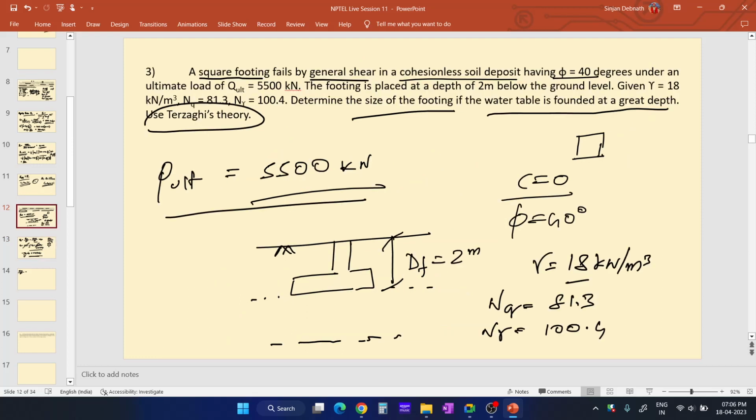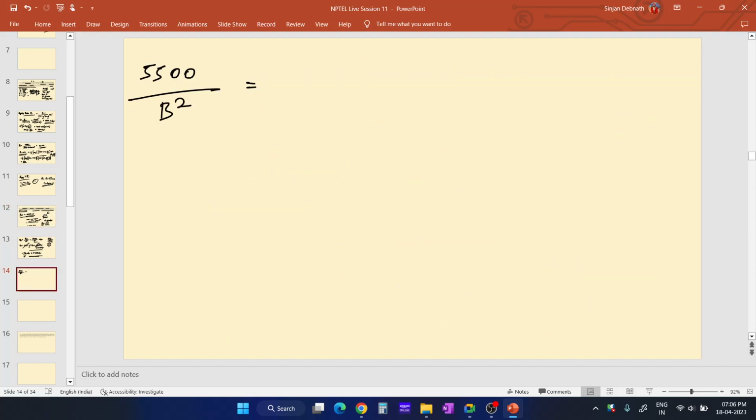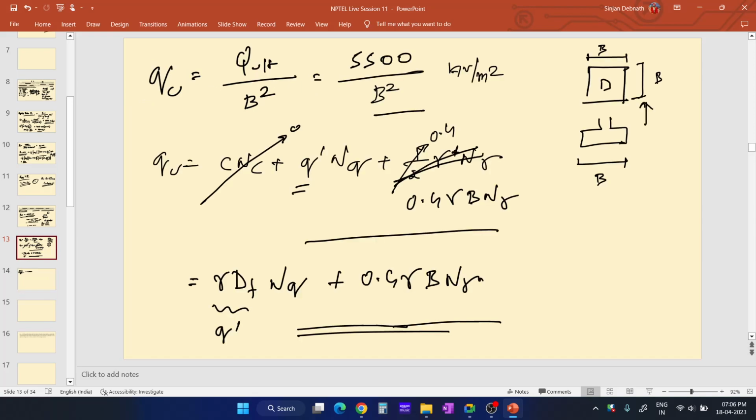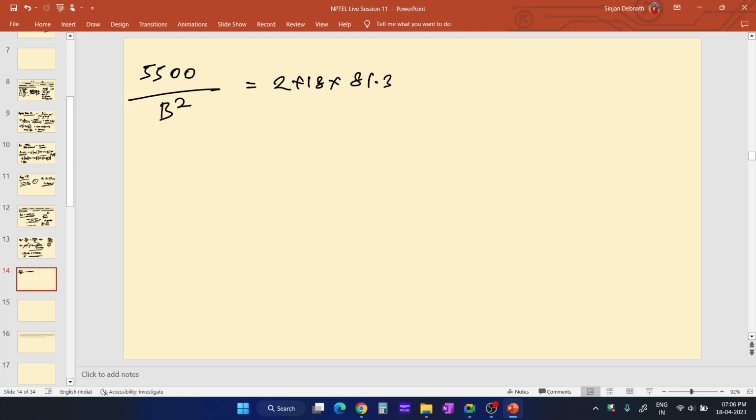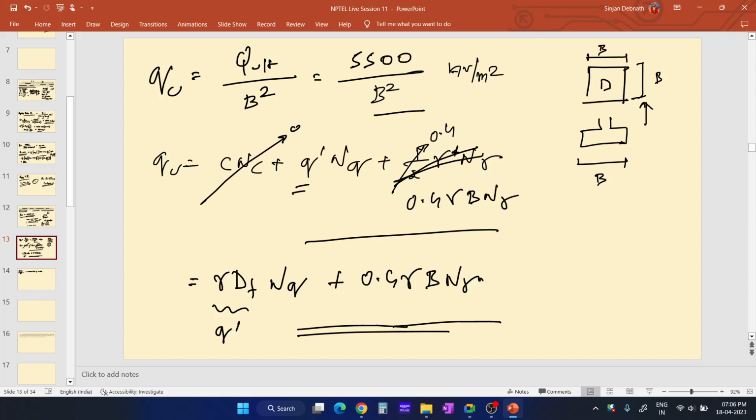Gamma is 18, Df is 2, so 2 into 18 into Nq, and Nq is 81.3, plus 0.4 into gamma.